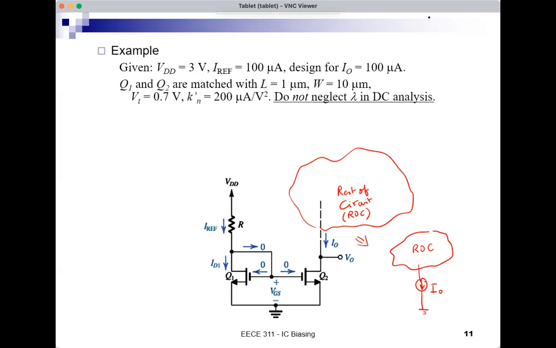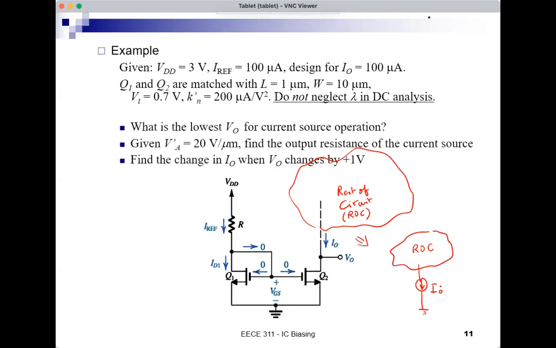So now we want to design. I want to make this IO 100 microamp, and I want to find the quantities. So let's do that. I want to find the resistor, which is the only unknown, and then find the lowest VO for current source operation. VO would be the voltage at the output node.